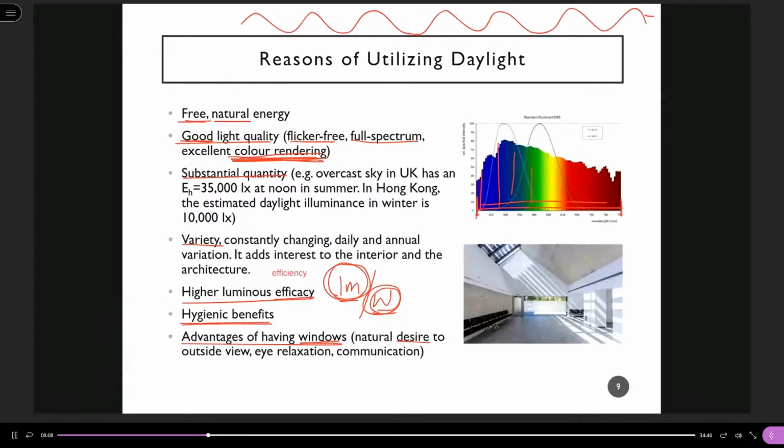We want to know what is happening outside, what the weather is, whether it is raining or sunny, or if someone is yelling. The window also provides a view for our eyes to relax. So these are the advantages of having daylight.